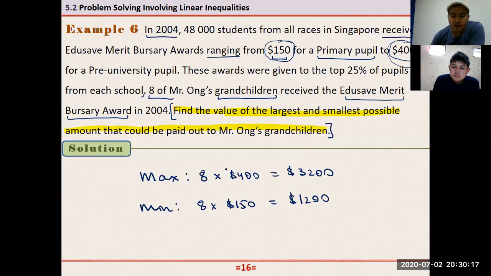Now the question, how about if some of his grandchildren are in primary school, some in secondary school, some in pre-university? At that time the amount will be greater than this minimum amount and less than this maximum amount. So if we just find the largest and smallest possible amount, the largest amount his grandchildren may receive is this much, the minimum amount is this much.